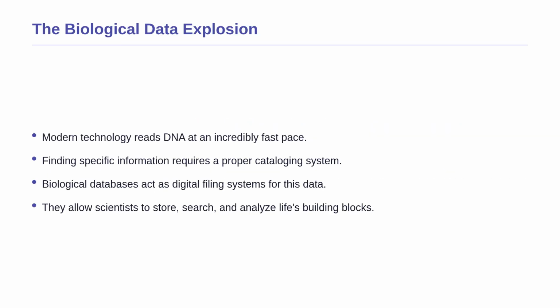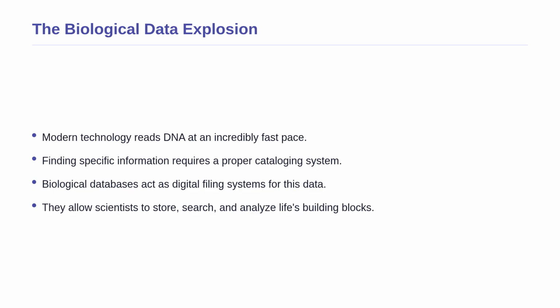Now that we understand the scale of the problem, let us look at why these systems are so essential. In biology, we face a unique challenge because modern technology allows us to read the DNA of living organisms at an incredibly fast pace. If you wanted to find a specific genetic recipe, it would be completely impossible without a proper cataloging system.